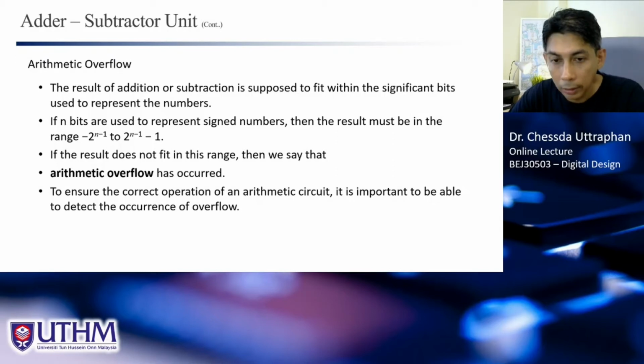In signed number operation, 4-bit, the maximum positive value is positive 7, and the minimum negative is negative 8.